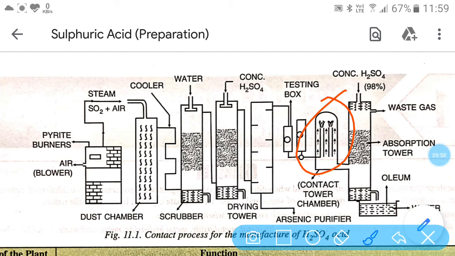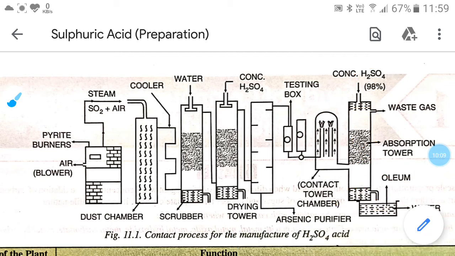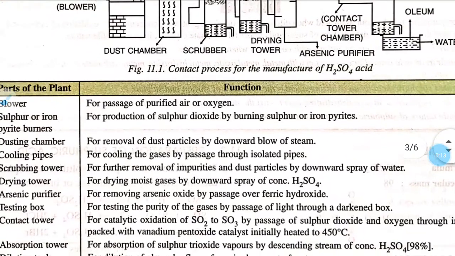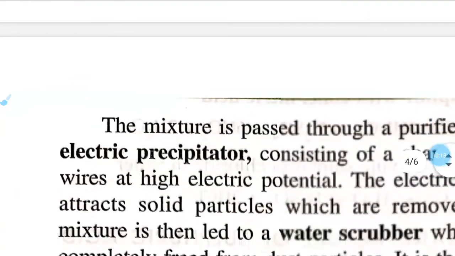This sulfur trioxide is then fed to this tower where we maintain a supply of 98% sulfuric acid and we have liquid oleum at the bottom. So this is all about this diagram. I hope you will understand it, and the processes have been outlined in this chart, so I am not going through it.